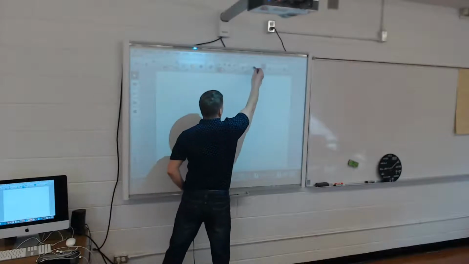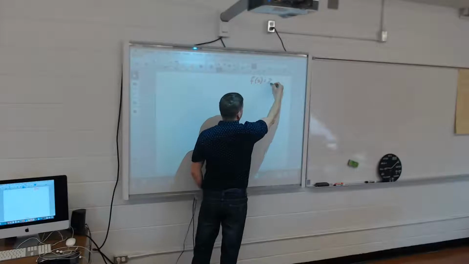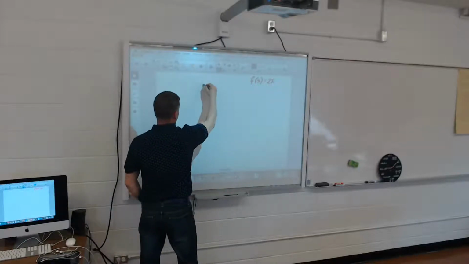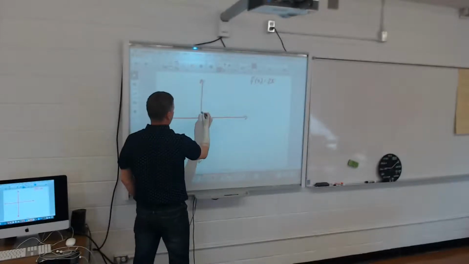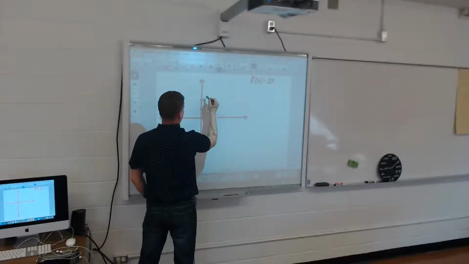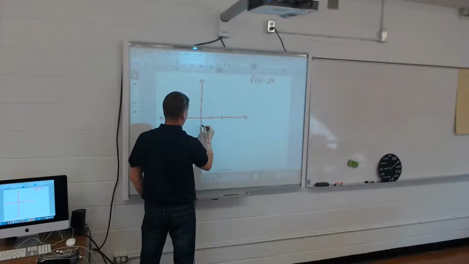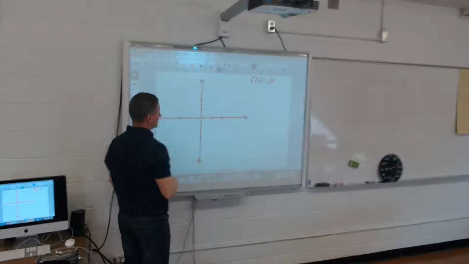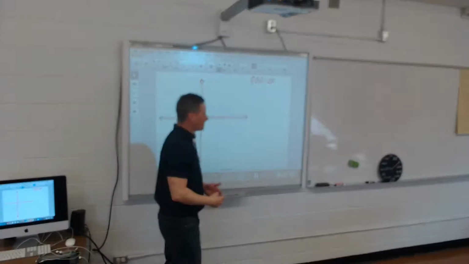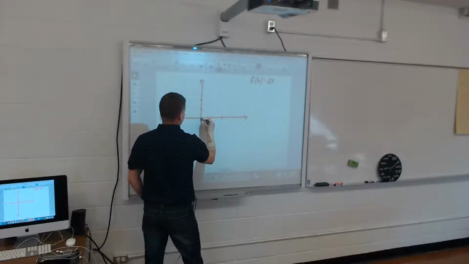So I said to you earlier, the first thing I do is I graph f of x equals 2x. I'm going to expand this. I'm going to make this a little bit larger. So 0 and 0 is my starting point.